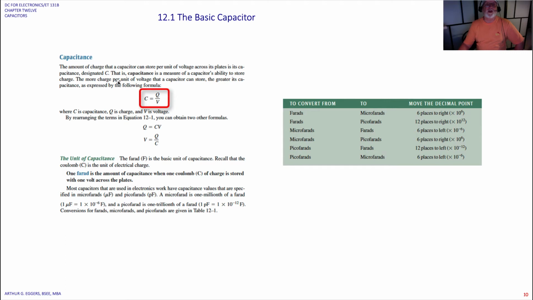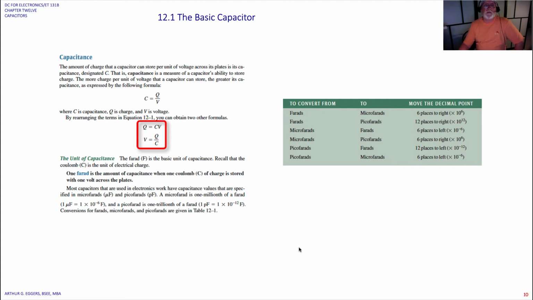The more charge per unit of voltage that a capacitor can store, the greater its capacitance. And so we can create an expression here that's a ratio of charge to voltage to define capacitance. By rearranging the terms then, we can see that we can come up with charge, capacitance times voltage, or we could come up with voltage, charge per unit capacitance.